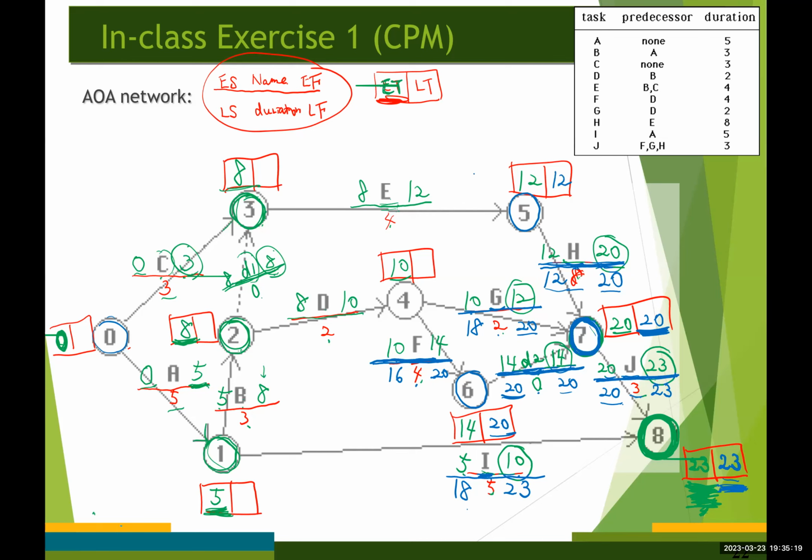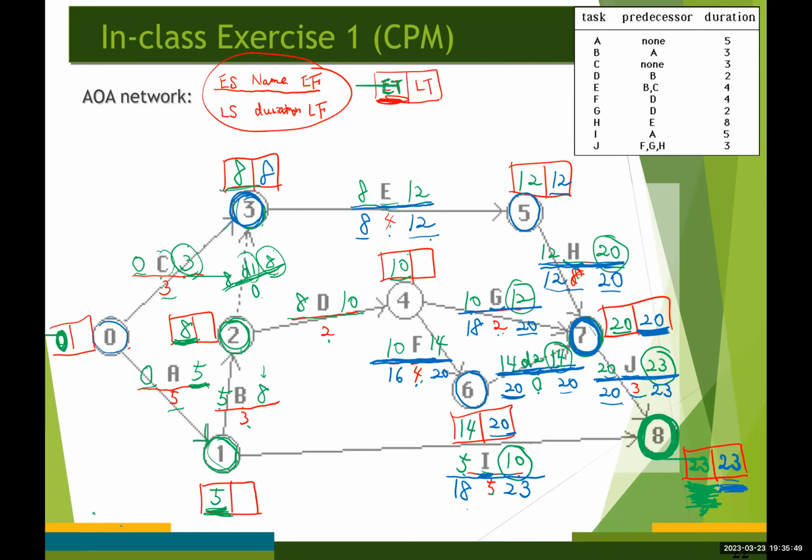Right? And then the latest finish time for activity E is gonna be 12 from here, right? 12 minus 4, 8, right? And then the latest time for event number 3 is gonna be 8 as well from here.